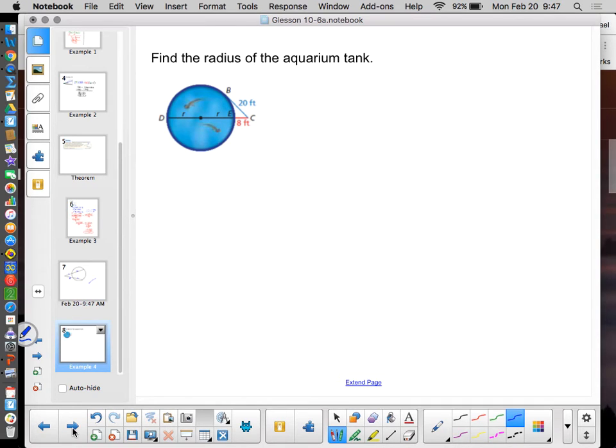So if I set this one up, again, it's point of intersection to point on the circle, 20, since it's a tangent, we multiply it by itself, equals point of intersection to point on the circle, 8, times 8 plus 2r, this whole thing is 2r.